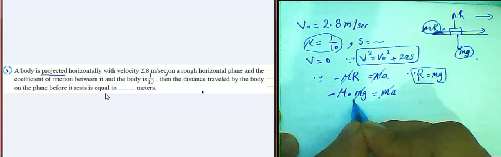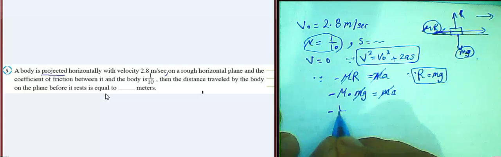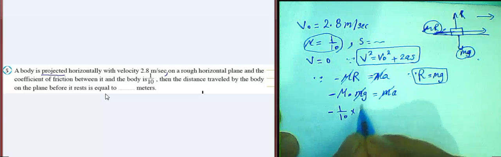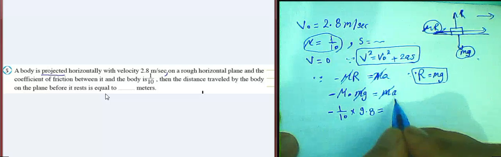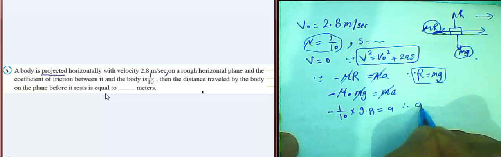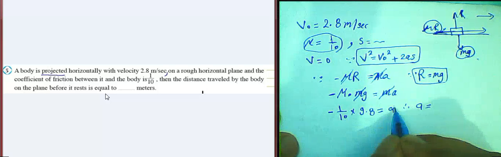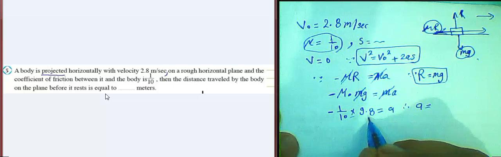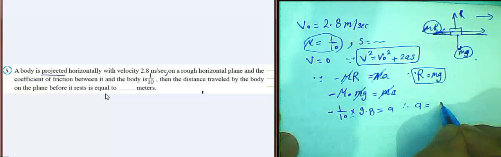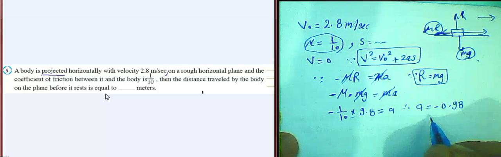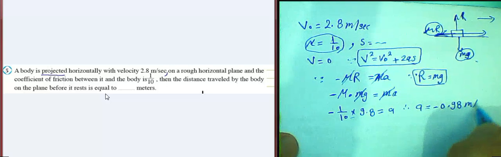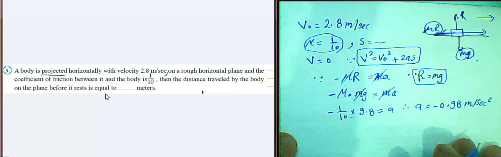We can cancel m with m, and mu was 1 over 10 multiplied by g equals 9.8, equals acceleration. Then we can find acceleration from this relation. Divide by 10, move the point to the left, and the result will be negative 0.98 meters per square second.